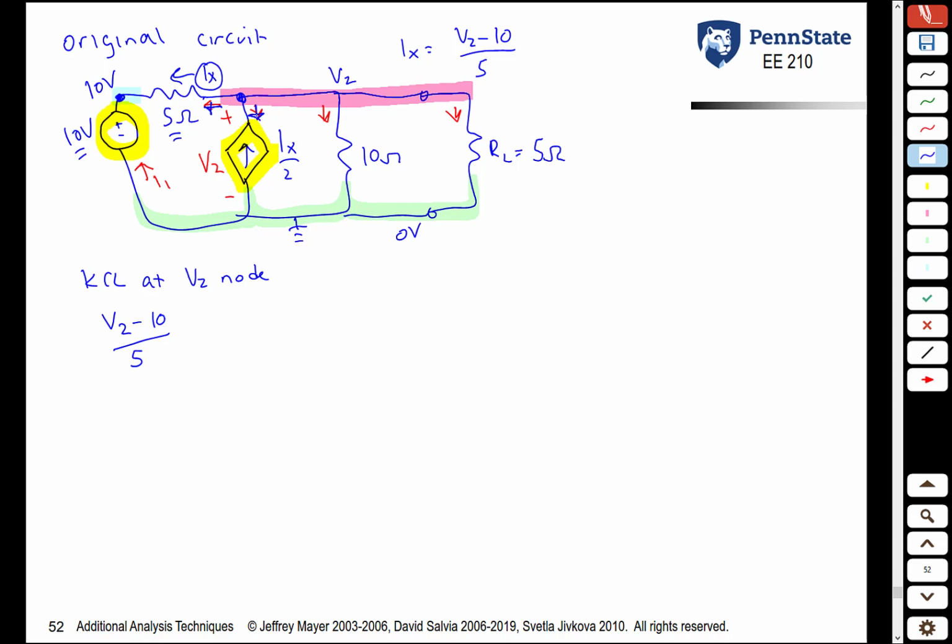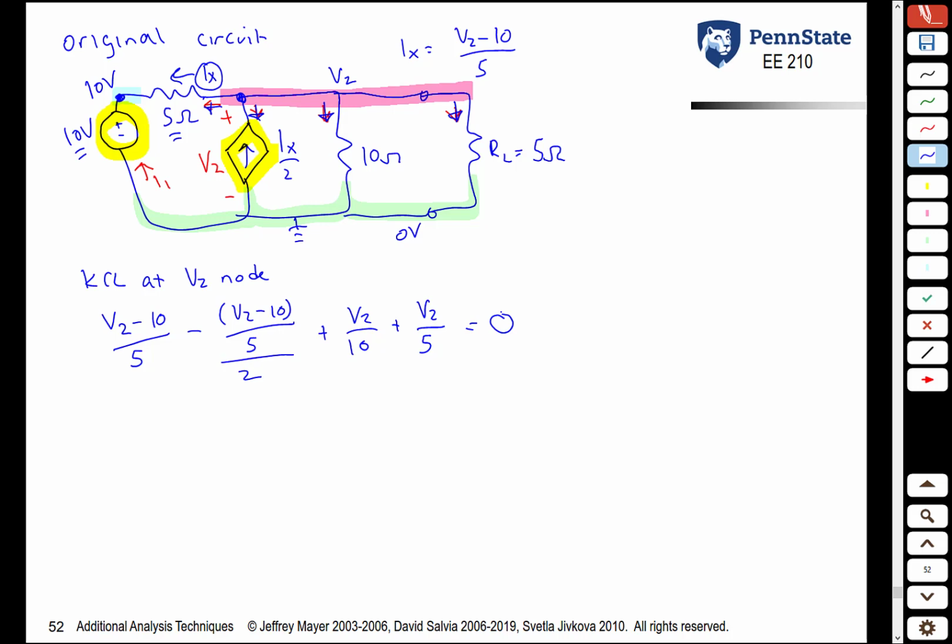The current through the dependent source is negative Ix over 2, or minus V2 minus 10 over 5, all of that over 2. Current through the 10 ohm resistor is just V2 over 10. The current through the load resistance is V2 over 5. The sum of those four currents is equal to 0.